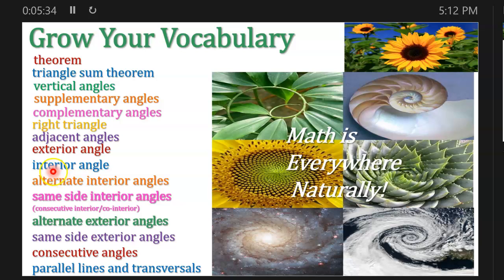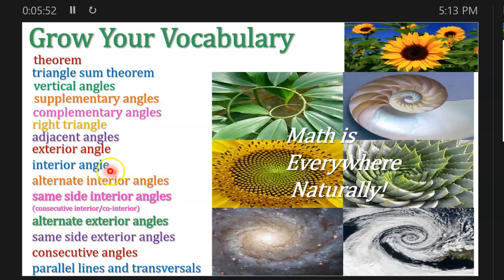But exterior and interior angles are also created with parallel lines and transversals. So when we watch the parallel lines and transversals video, we're going to get into all of these different angles: consecutive angles, same side exterior angles, alternate exterior angles, all of these.